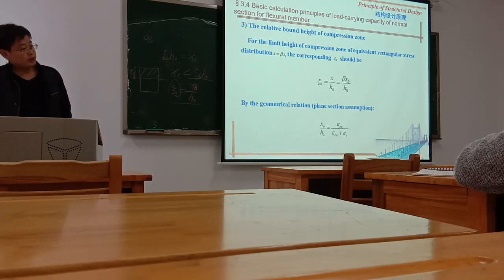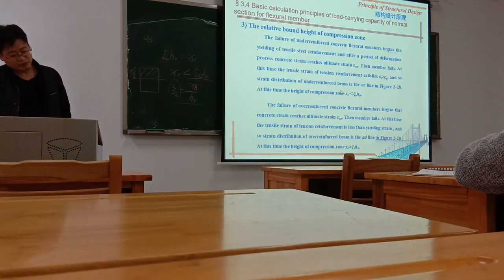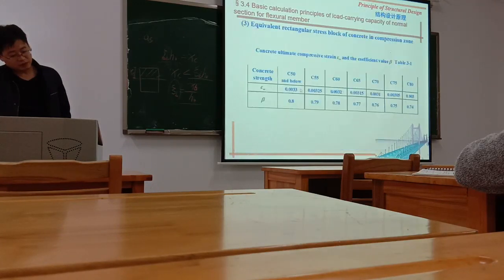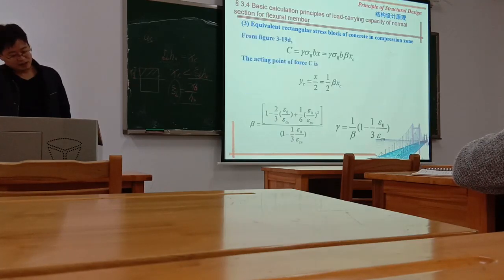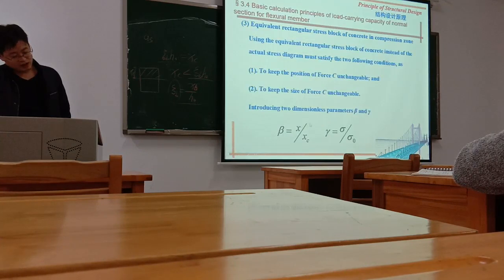Because beta we can find in this table, it's only related to the concrete. Do you remember the definition of beta? How do we define this beta? Beta equals x divided by xc.